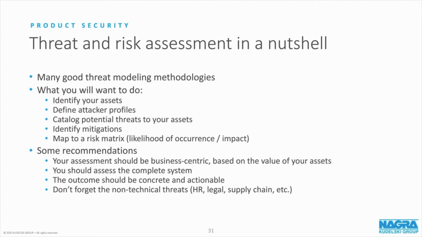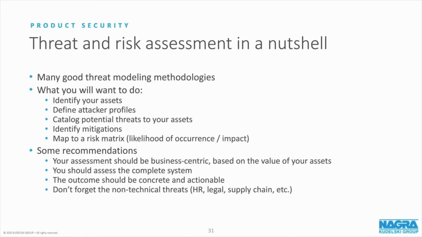And then you'll want to identify mitigations to those threats. So how do you mitigate the fact that this or that attack can harm you? These mitigations are what you will likely implement to avoid those threats or at least mitigate them.